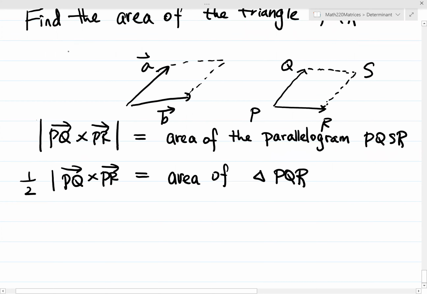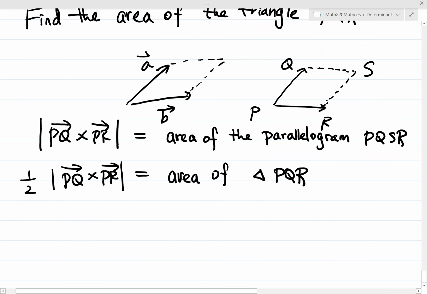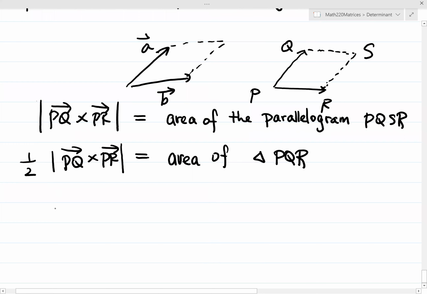So the key is to evaluate the norm of PQ cross PR, which we already found: -40i minus 15j plus 15k.